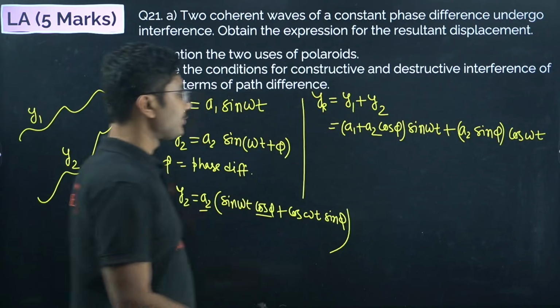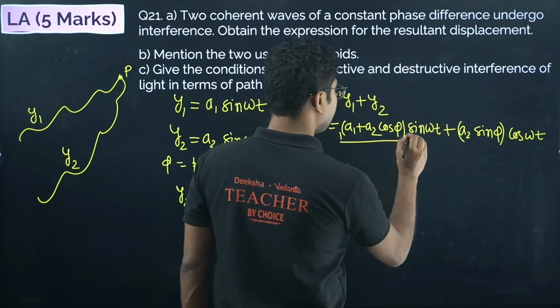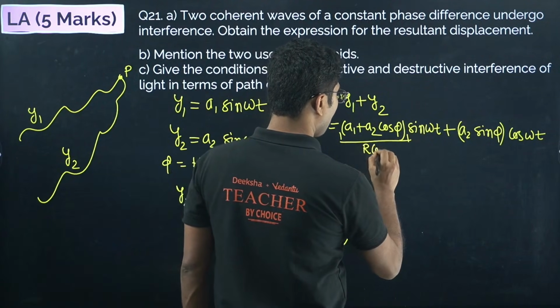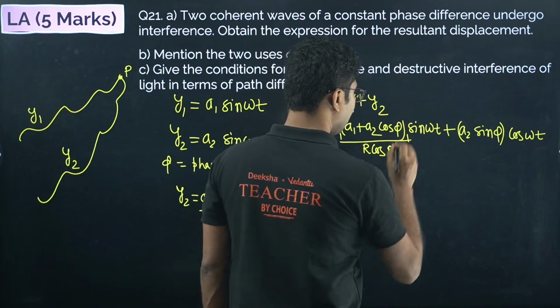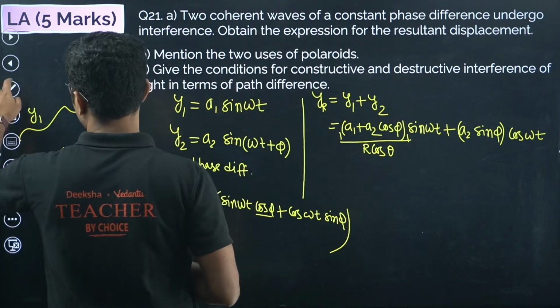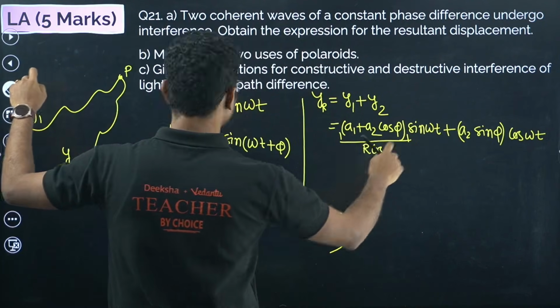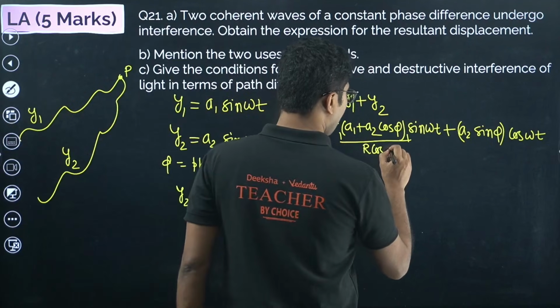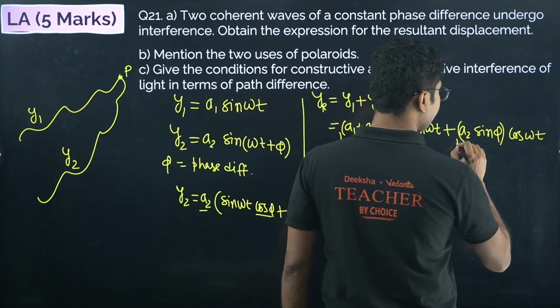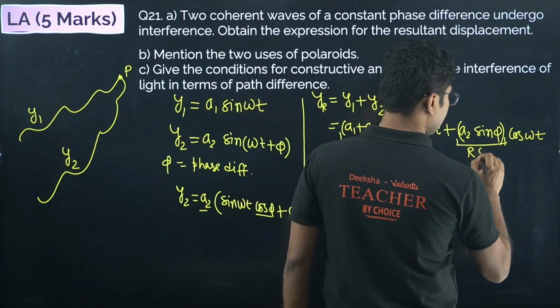Now we have to substitute this as r cos alpha. Theta is generally for an unknown angle, so r cos alpha, and this other one as r sin alpha.